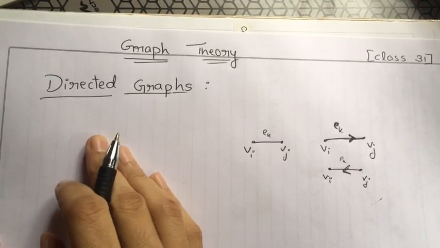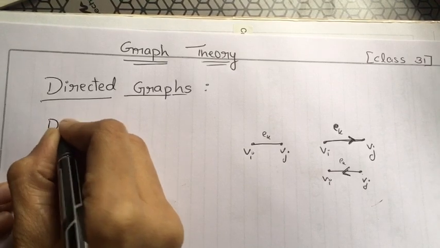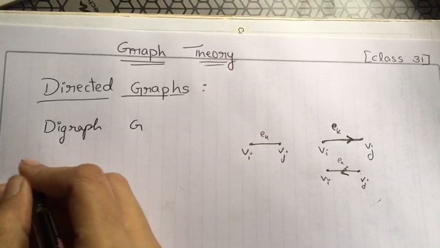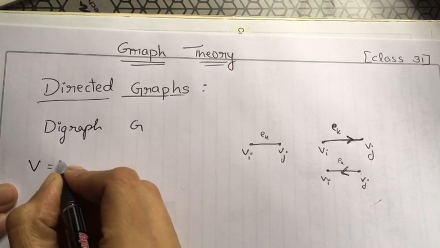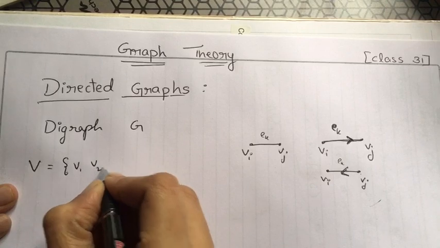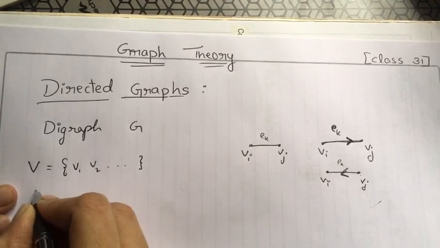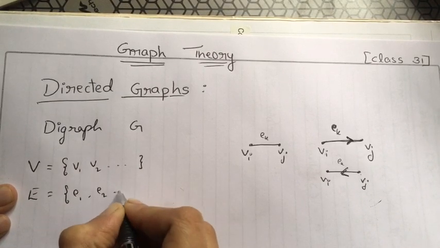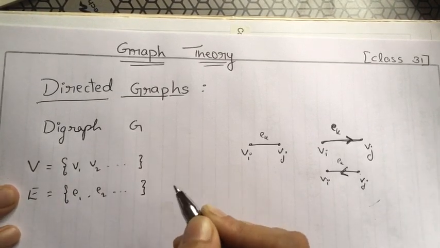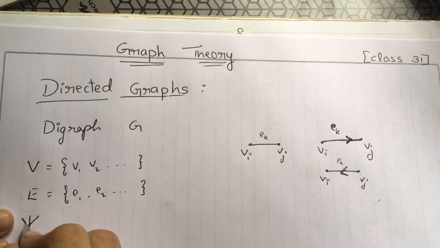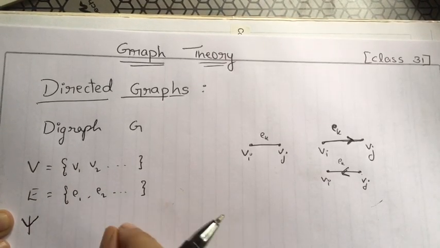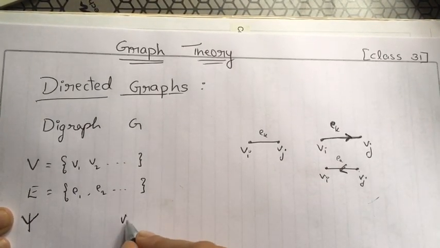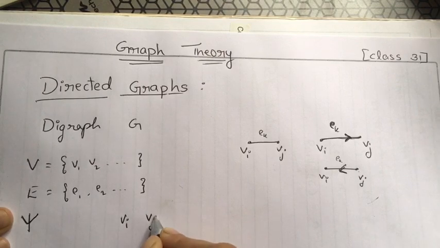A directed graph, or we also say digraph, G, consists of a vertex set V, vertices V1, V2 like that, and an edge set E, E1, E2 like that, and a mapping chi that maps every edge onto some ordered pair of vertices, say Vi, Vj.